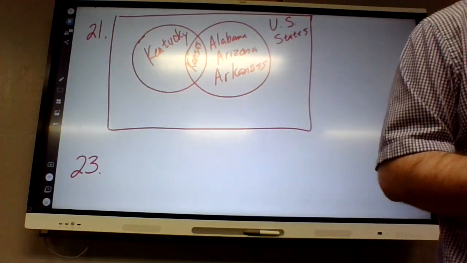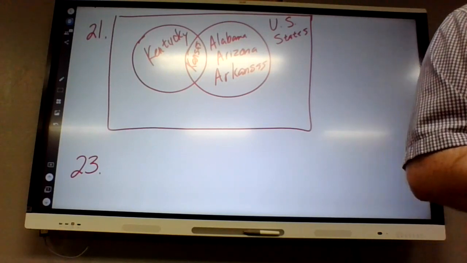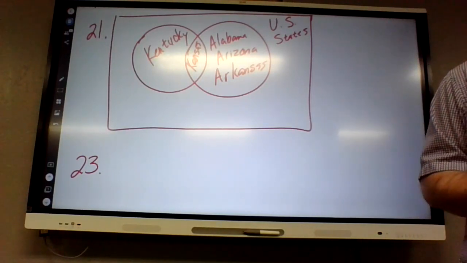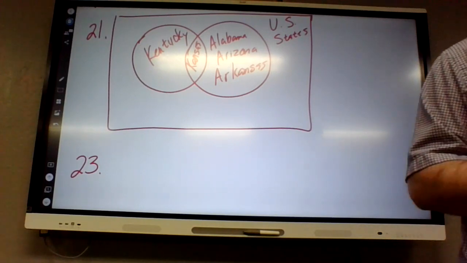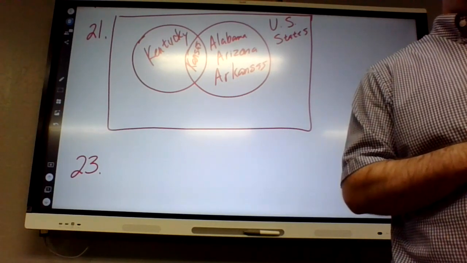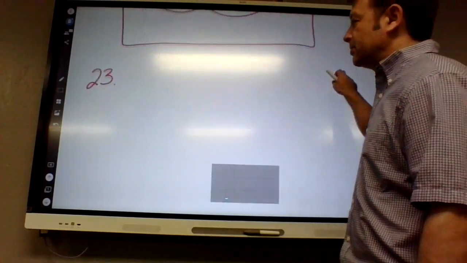Okay, 23. Do they have anything in common? Yes. Okay, this picture's going to look a little different though because P is a subset of M. Do you guys see that? So what should the picture look like?